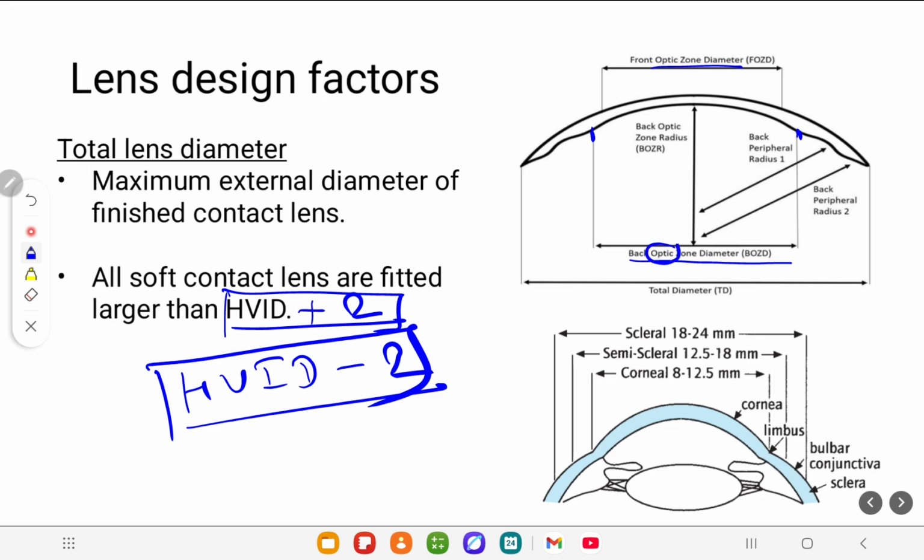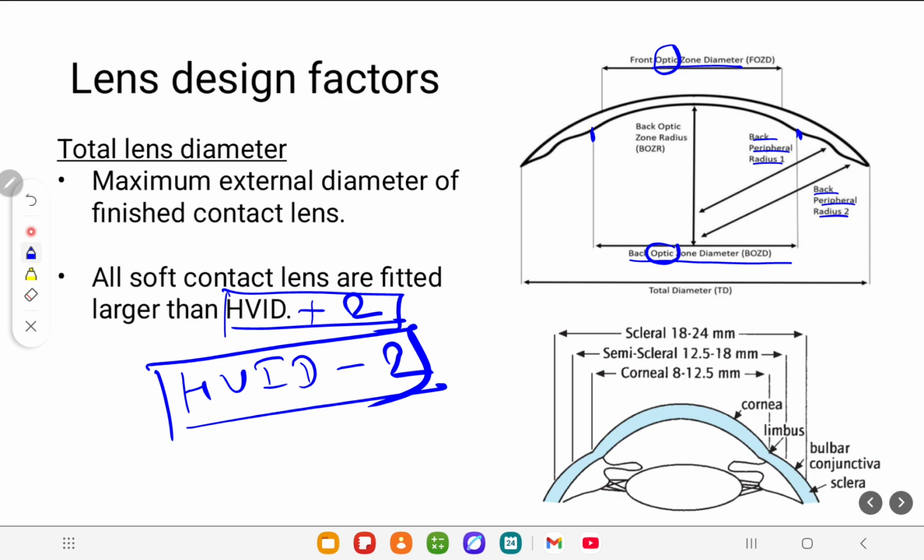For the front also, not all front zone diameters are used for vision, but definitely the front optic zone diameter, just remember this, is used for the purpose of vision. So what other diameters are there? For example, back periphery radius 1 and back periphery radius 2.